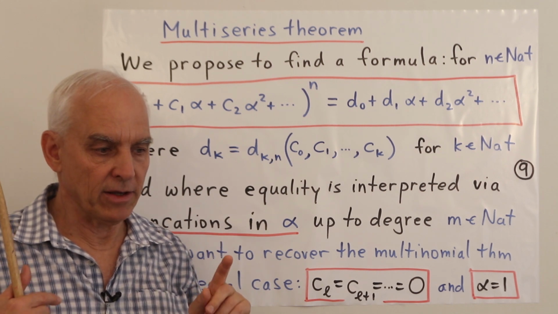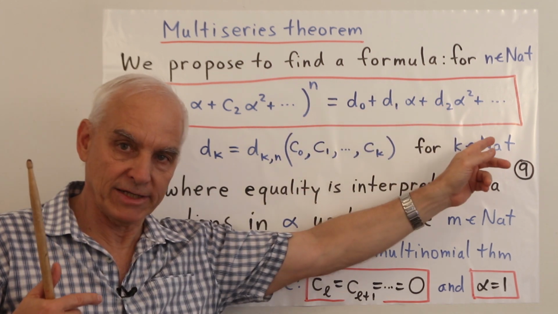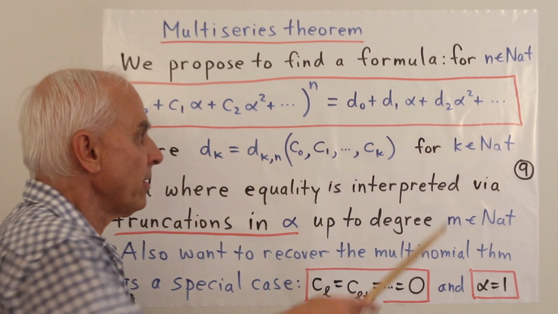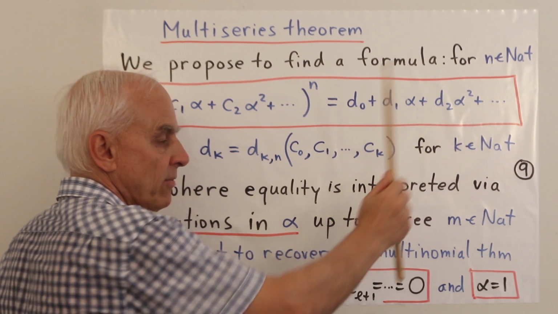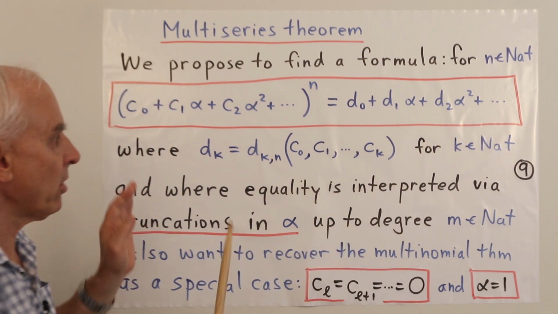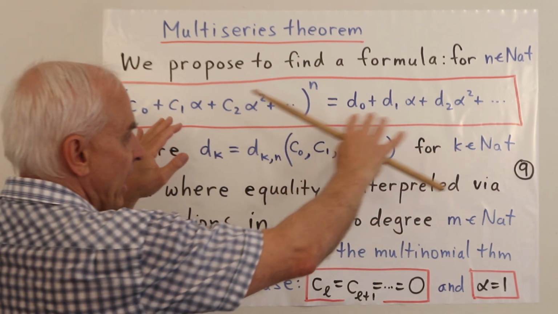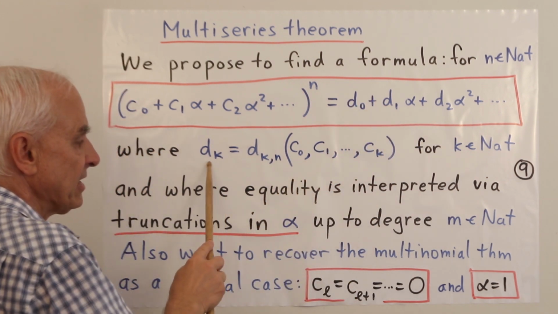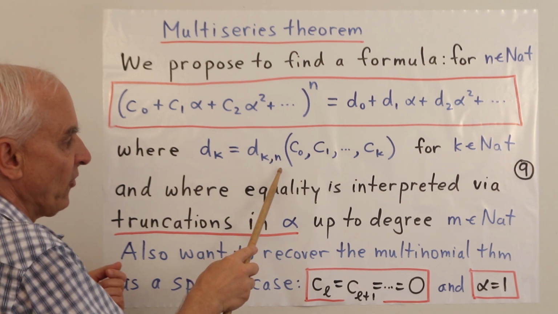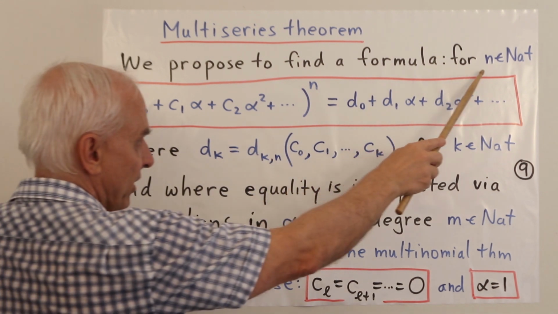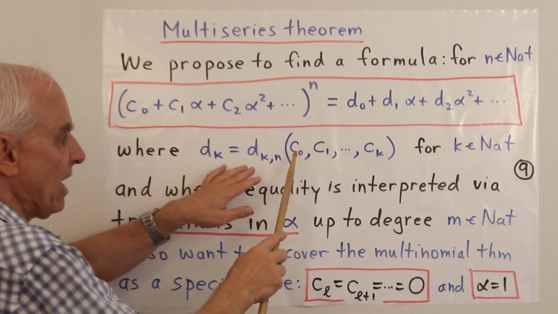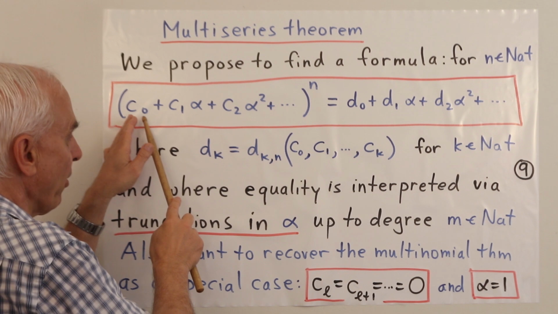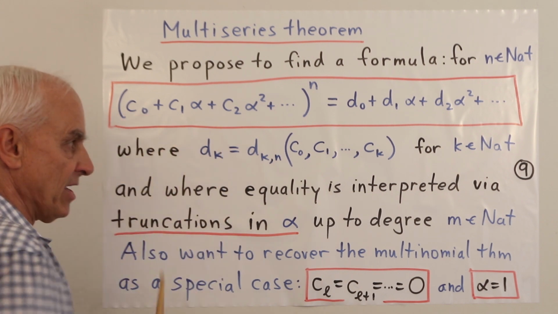And the idea is that this is going to be another polyseries, say with coefficients d0, d1, d2, d3, etc. And we are going to want to establish a relationship where these coefficients over here, the d's, say d sub k, which really depends on k and also on n because we're starting with n, is some kind of function of the numbers c0, c1 up to ck.